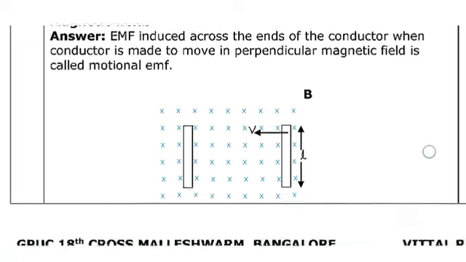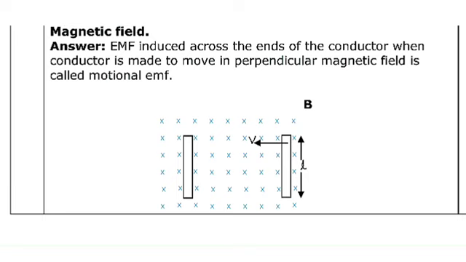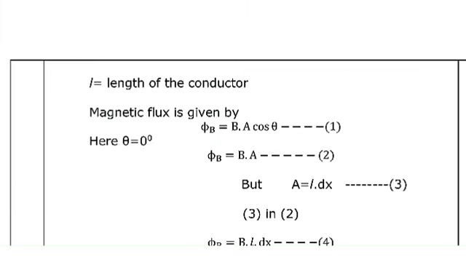Then we have to draw the diagram. We have L. So L is the length of the conductor. Then the expression for magnetic flux is phi B is equal to BA cos theta. Here theta is equal to 0. So cos 0 degree is equal to 1.